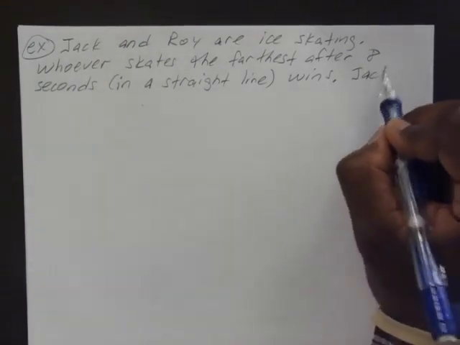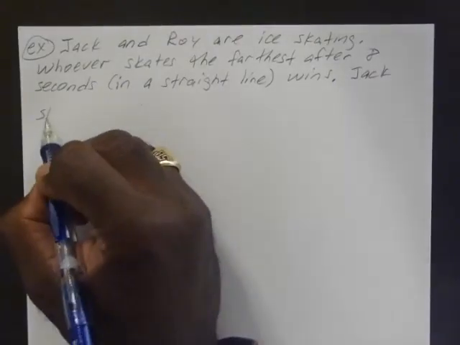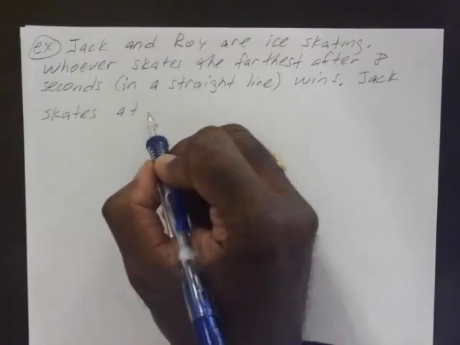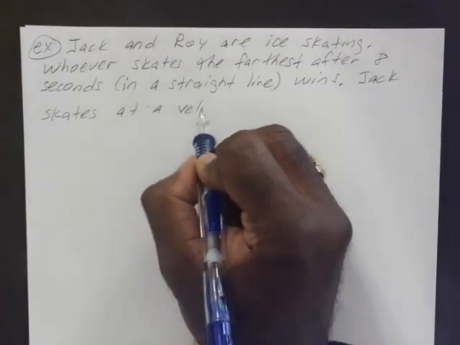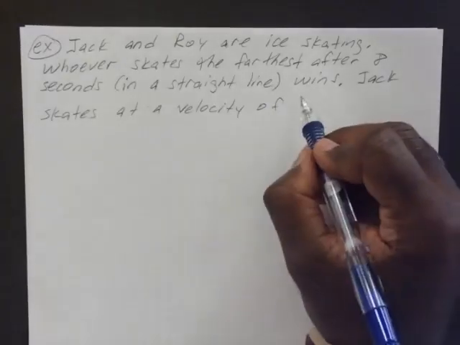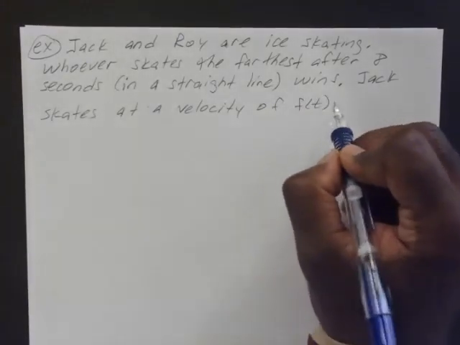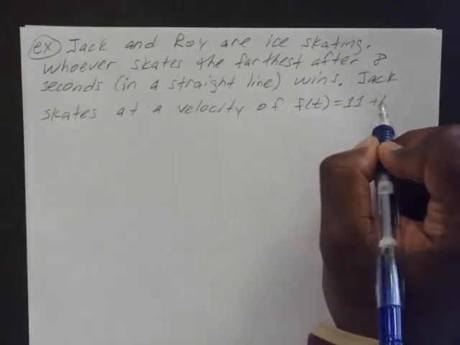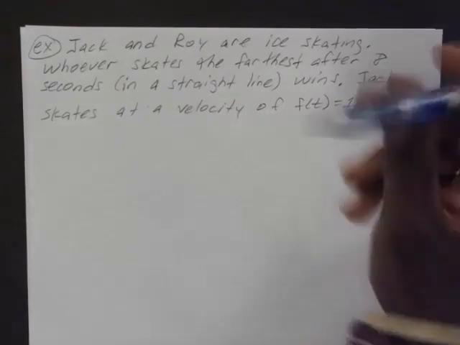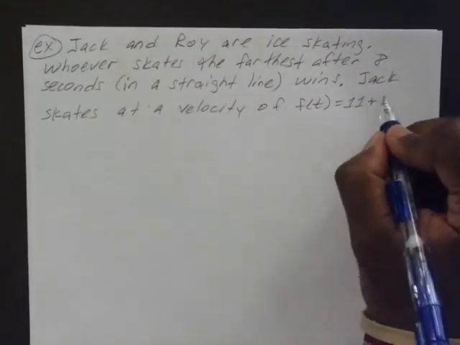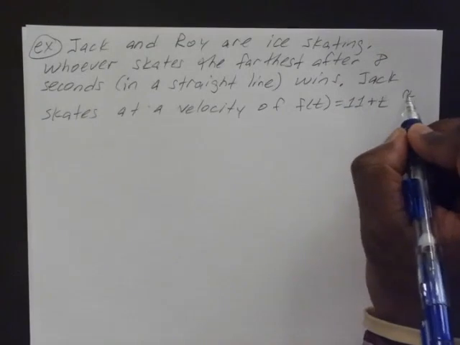Okay. So we know that Jack skates at a velocity of f of t is equal to 11 plus t. Let's separate those a little bit better than that. Feet per second.